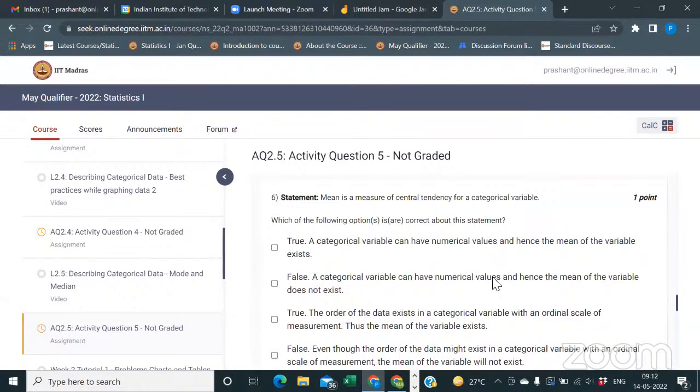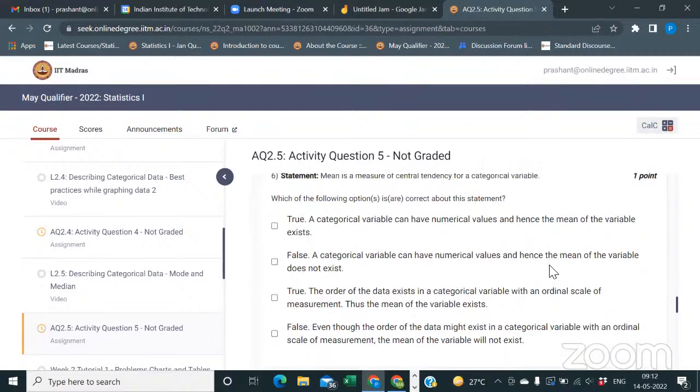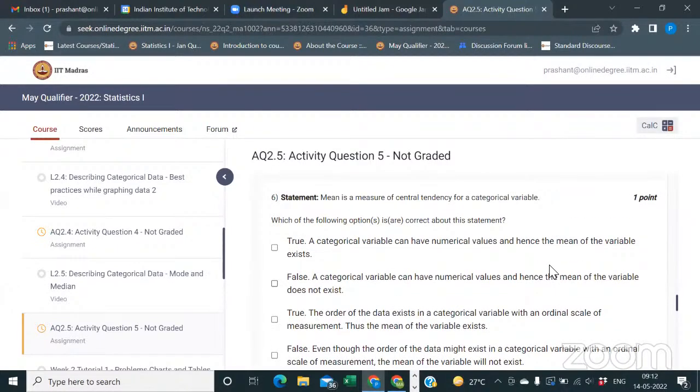Which option should be correct, in your opinion? Fourth option, false, even the order of the data. One second, Vinay, I'm asking about your opinion.